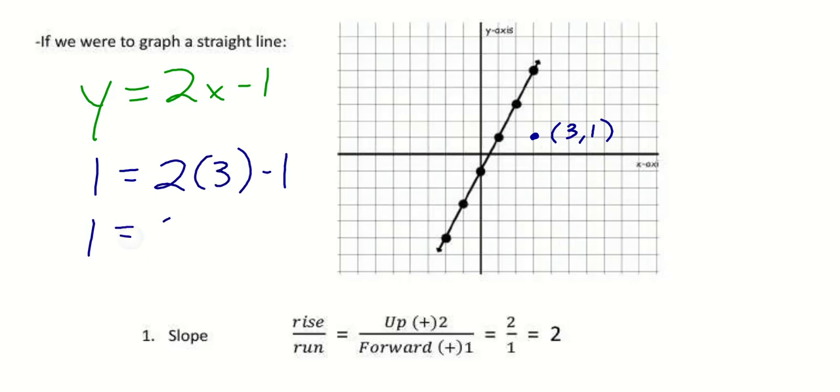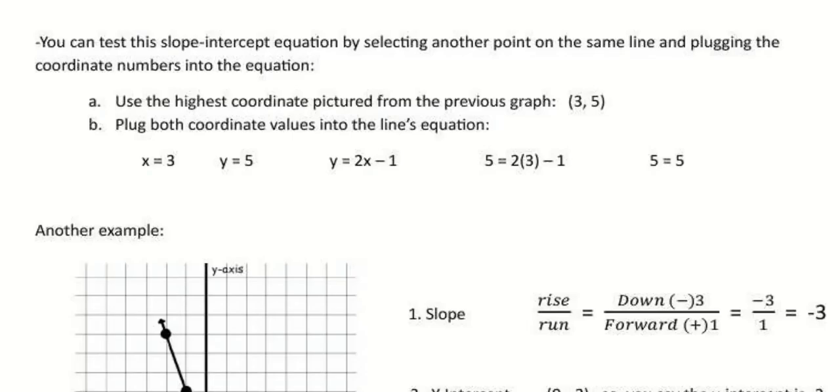So I get 1 equals 6 minus 1. 6 minus 1, 1 equals 5. That is mathematically false. So because I chose a coordinate off the line, it doesn't work with the equation of the slope and intercept from that line. It does not work. Okay, but if I would have chosen any coordinate on that line, it would have worked like the last two did. Okay, so that's a cool way that you can test to see if it works.